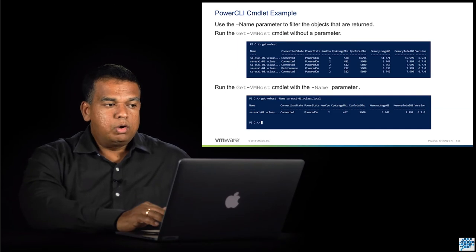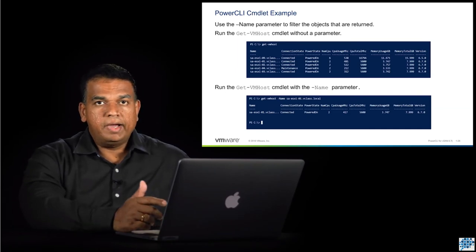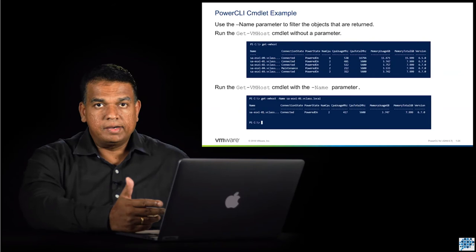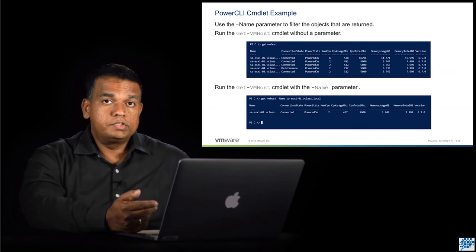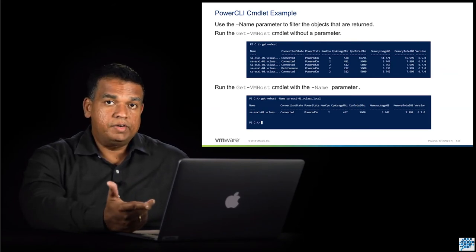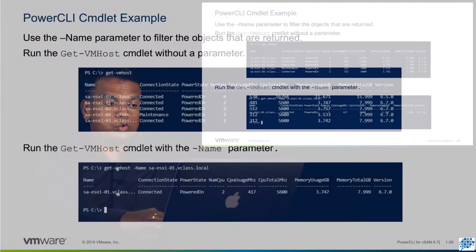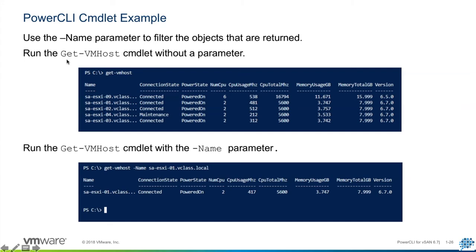Okay, so now let's take a look at one particular commandlet and how we can use this commandlet with various parameters to get the information which we need. So I'm using a commandlet called Get-VMHost, and I run this commandlet without any parameters.